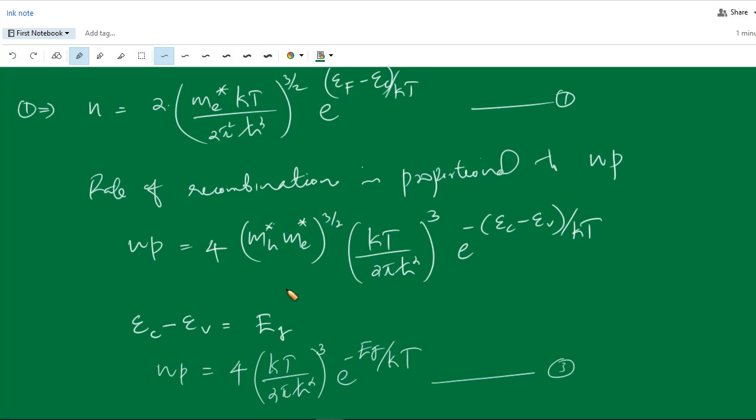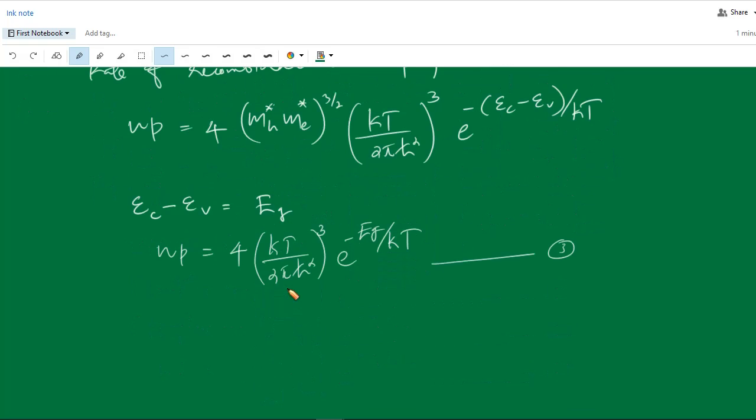Okay, so for an intrinsic semiconductor in thermal equilibrium, the number of electrons excited to the conduction band is equal to the number of holes created. So therefore for an intrinsic semiconductor, we can write ni, the concentration of electrons in the intrinsic semiconductor, should be equal to pi, the concentration of holes in the intrinsic semiconductor.